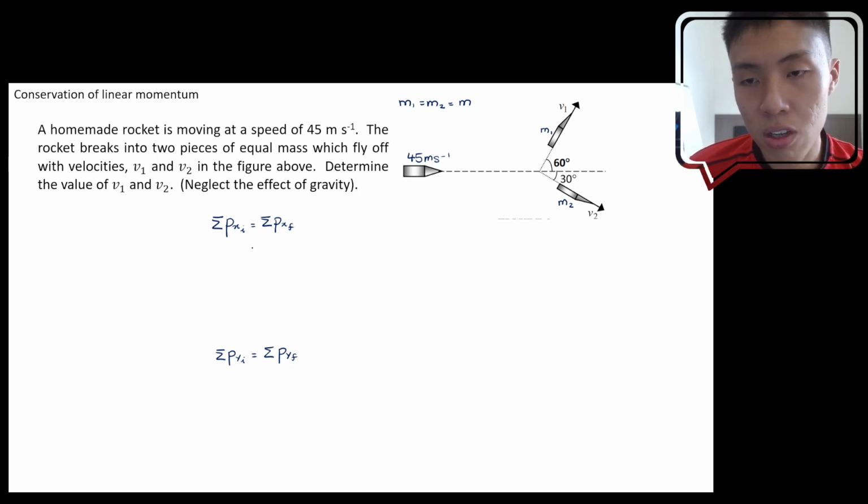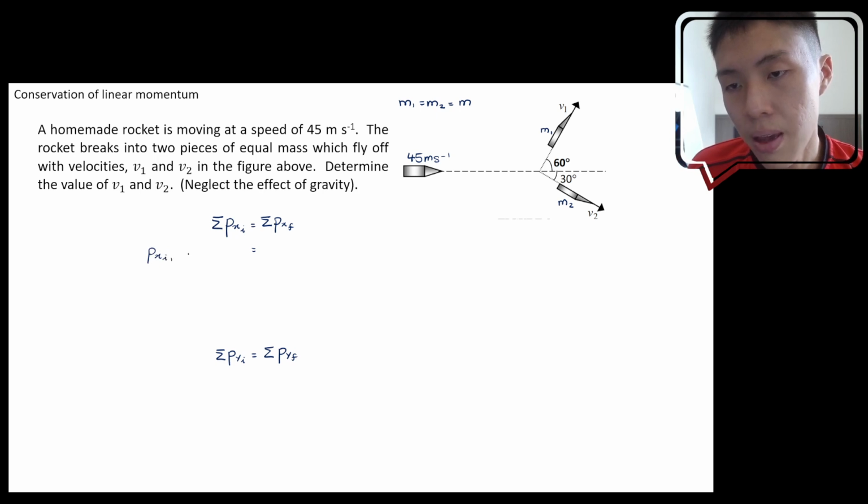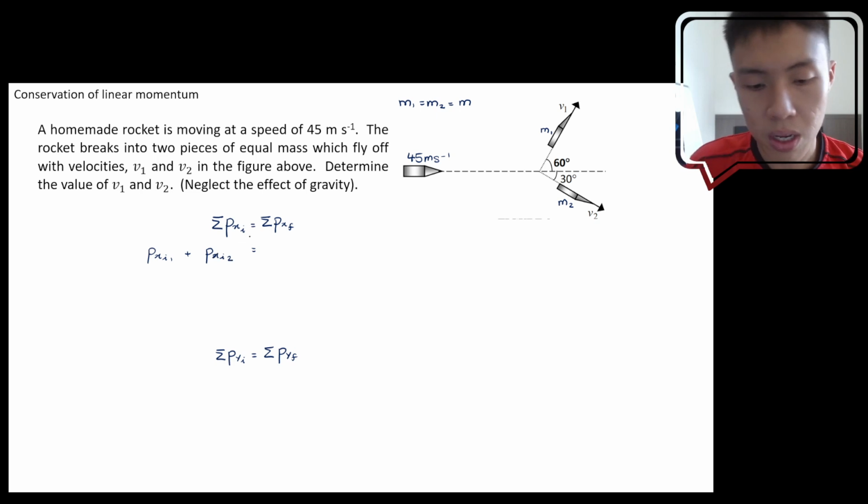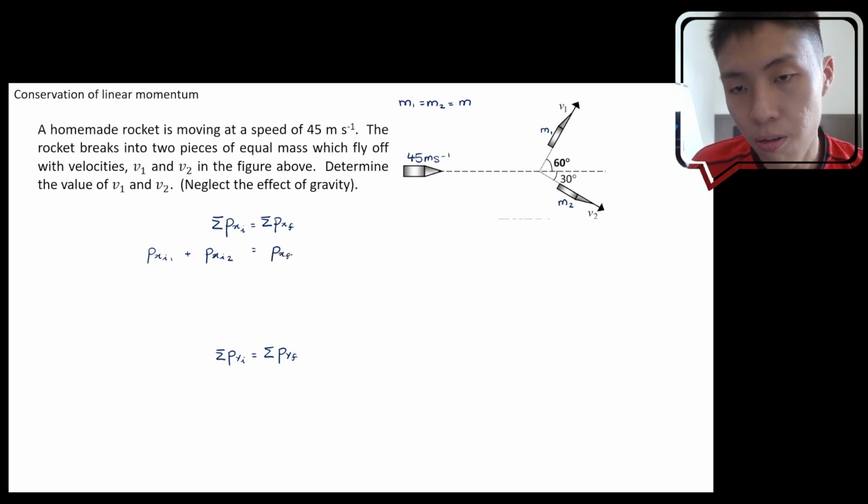Okay, we know that there are two bodies here, so the sum here represents two bodies, M1 and M2. So you have your Px initial of 1 plus Px initial of 2. Okay, 1 here represents object 1, M1. 2 here represents object 2, M2. So you have your Px final for 1 plus Px final for 2.